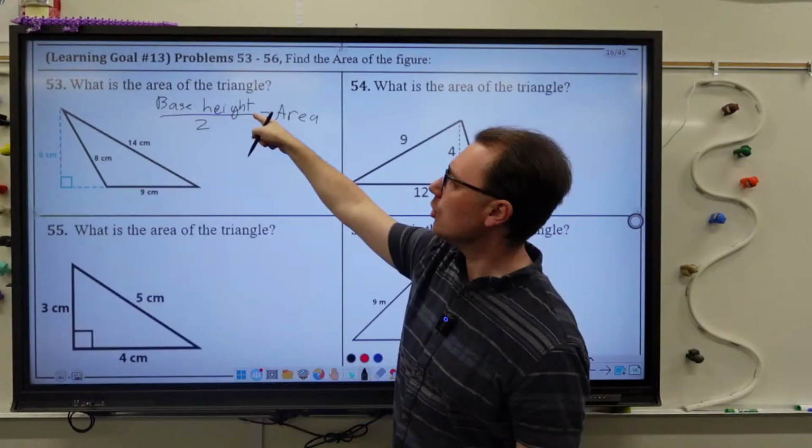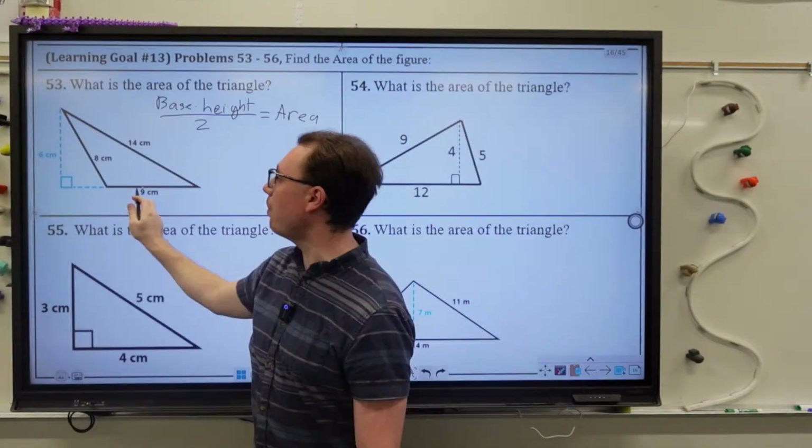Now for this equation here, we want to identify that this base here is this bottom value here that is perpendicular from this value, which makes it the height. The base and the height are always at 90 degrees from each other. So we don't even need to know about that 14 centimeters being that diagonal or this 8 centimeters being that other side length. All we care about is that the base here is 9 centimeters.